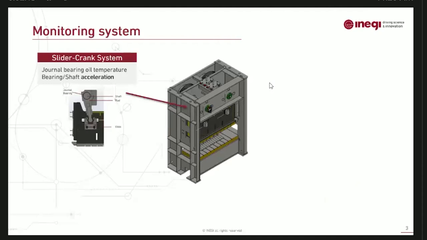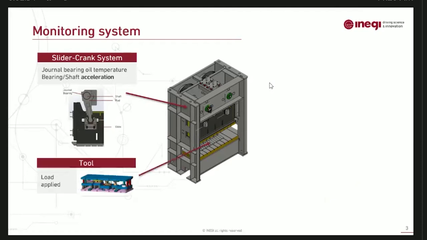On the slider crankshaft system of the stamping press, we chose to measure the temperature of the oil to monitor the lubricant regime, and also monitor acceleration from bearings and the shafts. Then the tool is a very important component of the press and is in direct contact with the process.